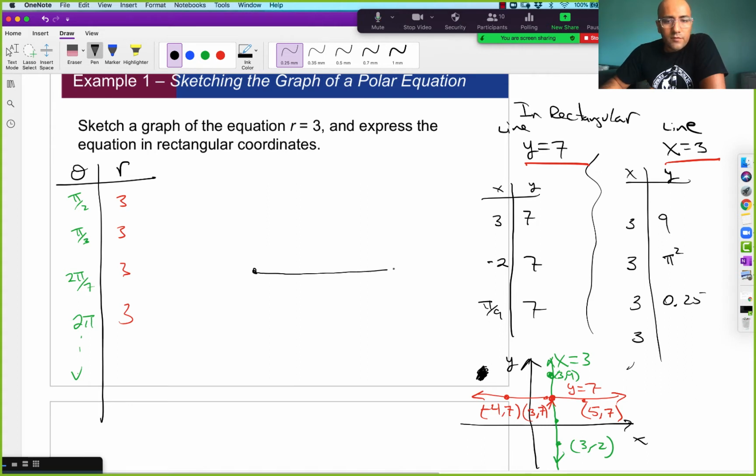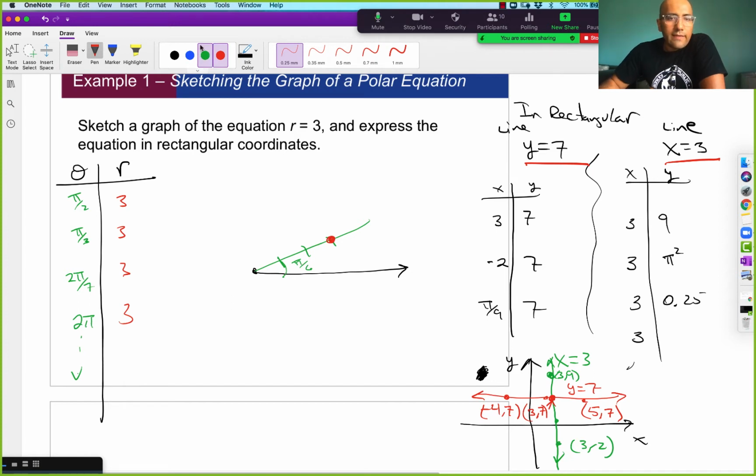Here is the polar axes, and then we pick pi over 6. So here we have a ray. This is pi over 6, and then we travel 3 units along that direction. 1, 2, 3. So we arrive at this point right there.